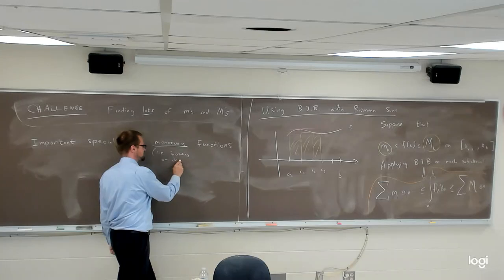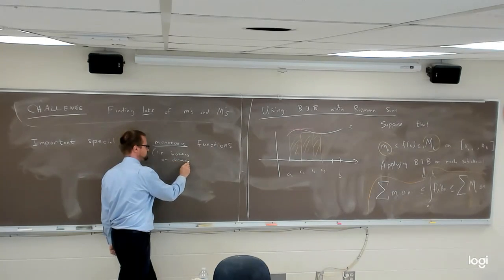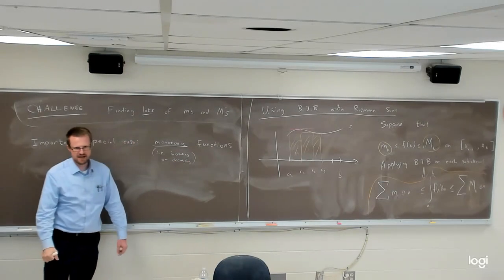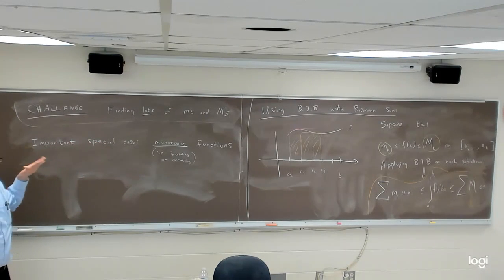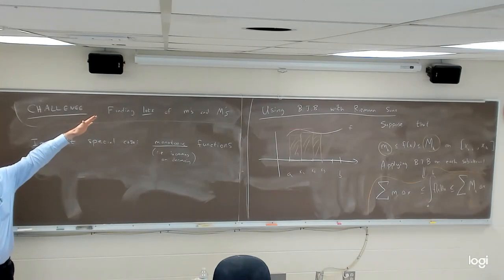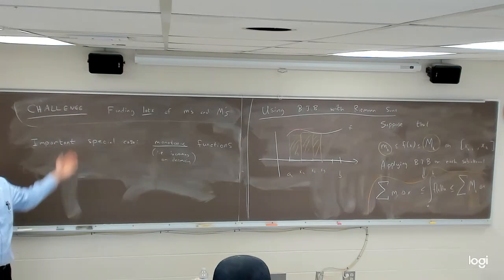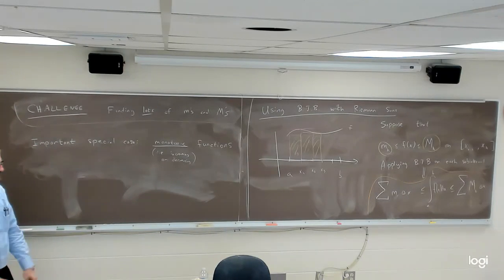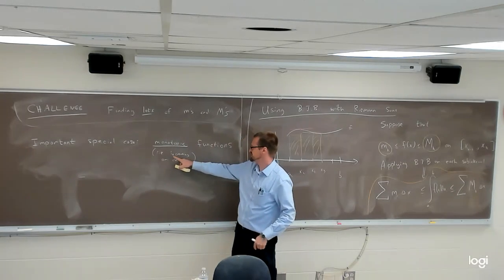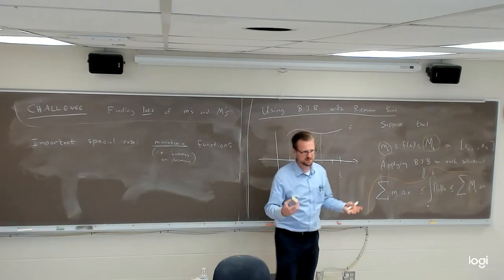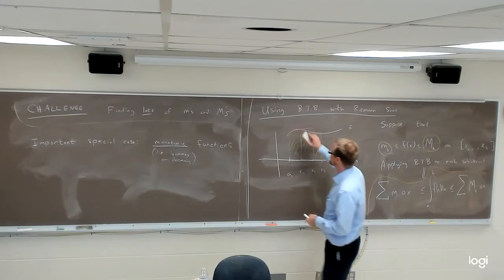But if we're talking about an interval, if I say that f is monotonic on the interval from 0 to 5, I mean that f is either increasing all the way from 0 to 5, or it's decreasing all the way. It doesn't turn around and switch in the middle. Most of the time we'll talk about increasing functions. Decreasing is basically the same with a few minus signs here and there.